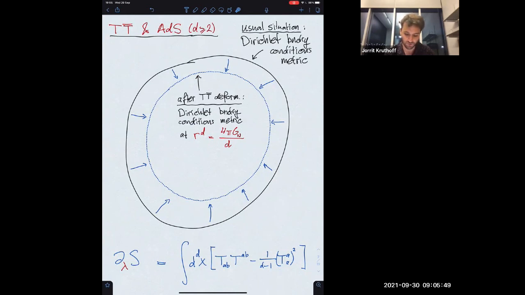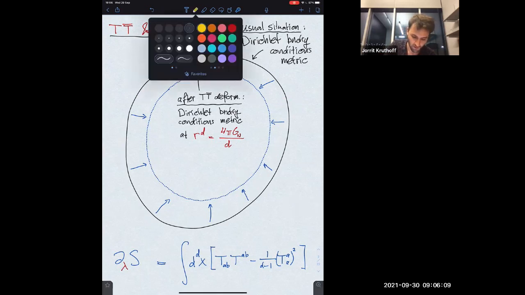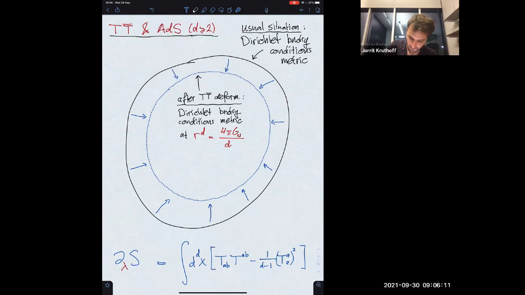Now in holography, the usual way that we discuss holographic correspondence is by putting Dirichlet boundary conditions on our fields on the boundary of AdS. So the boundary of AdS is here in black, and it's at r equal to infinity. In some Fefferman-Graham gauge, for instance, this would be at r to infinity.